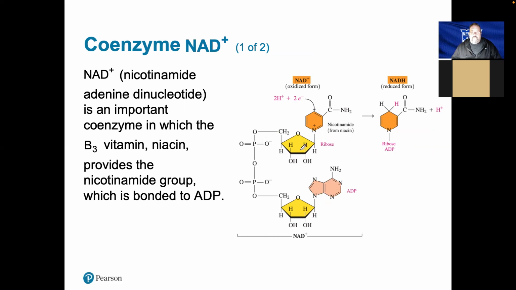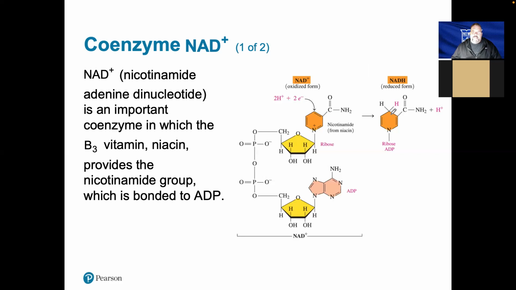Then you have ribose, okay? And then you have your nicotinamide from niacin. This is considered the oxidized form because in the ring here, you have alternating double and single bonds throughout the ring. The reduced form of NAD plus is NADH.